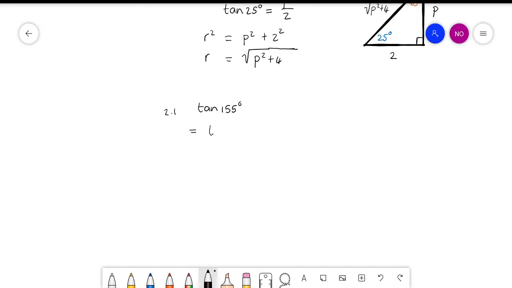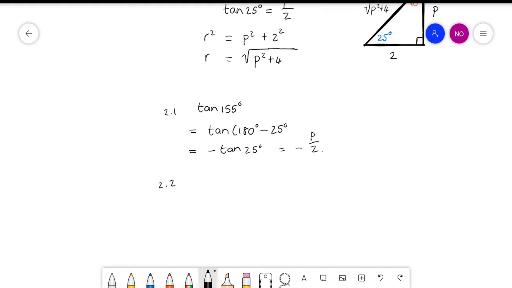In the second quadrant, we say 180 degrees minus. 180 degrees minus what? 25. Tan is negative in quadrant 2. So I've got negative tan of 25. So this can be written as negative P over 2. Almal by? Good.